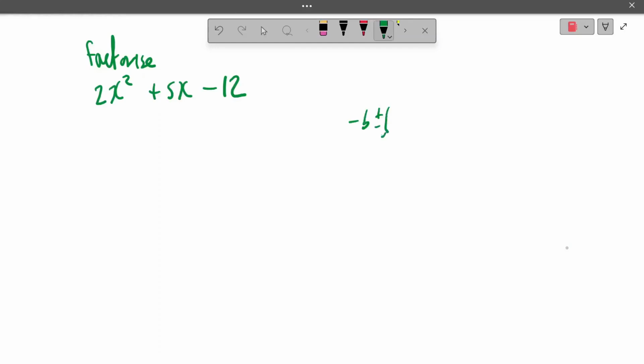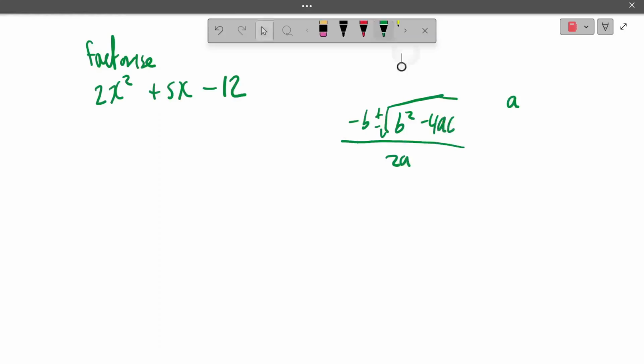Obviously, I'm not going to do it that way for single x squareds, but let's have a little look at this next one. So we have to factorize 2x squared plus 5x minus 12. So what we're going to have is minus b plus or minus the square root of b squared minus 4ac all over 2a.